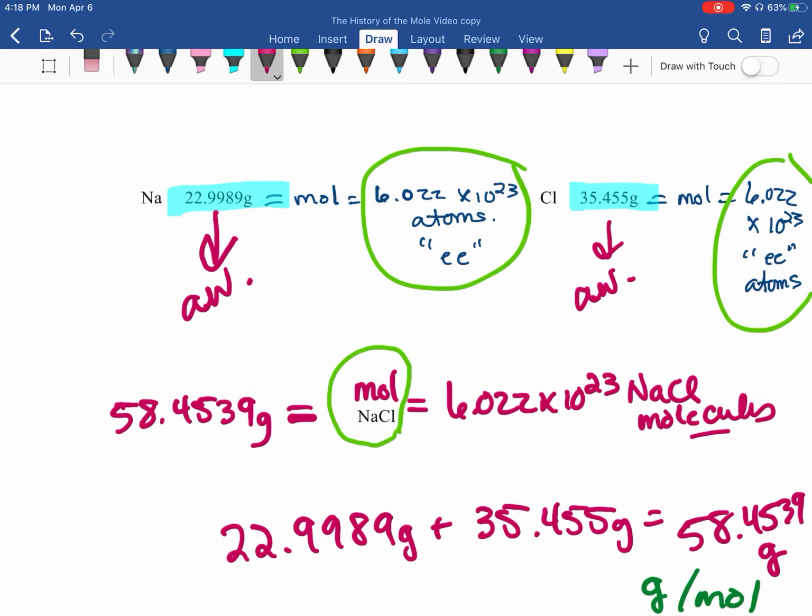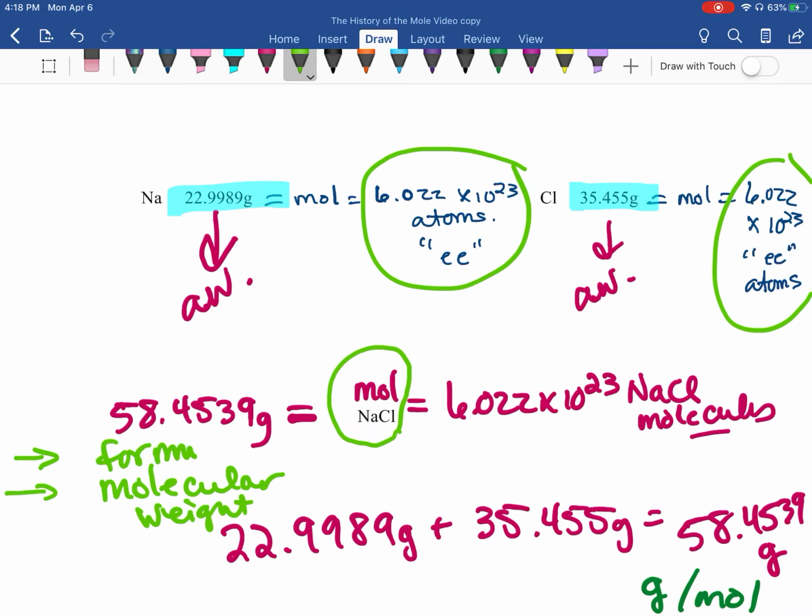And now, what did we just make? That's not an atomic weight anymore. This has 2 names, but only for Gen Chem 1. Everything after this, it will be called a molecular weight. And I will call it a molecular weight, but occasionally in a Gen Chem text or sometimes an Intro to Biology text, it will call this a formula weight.